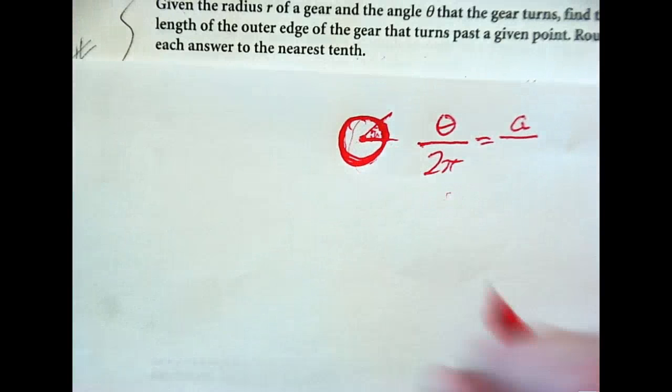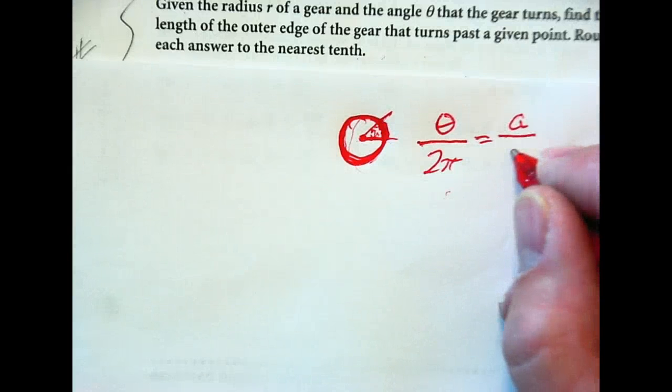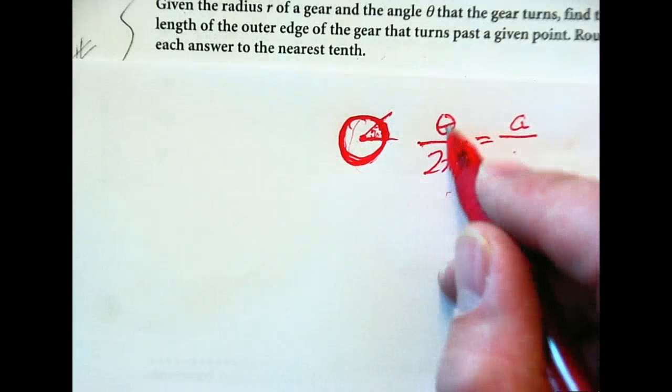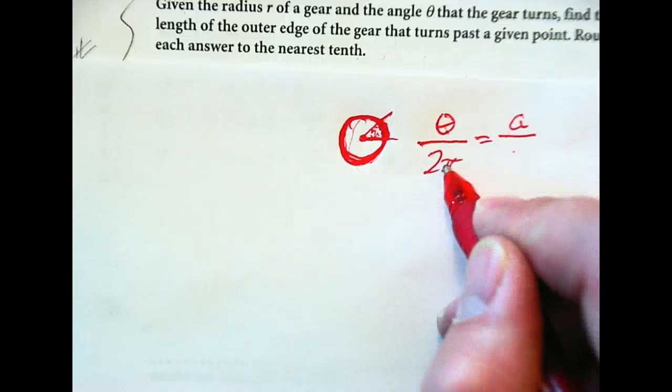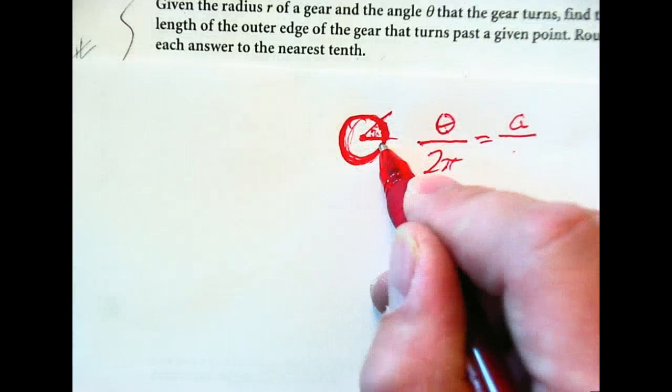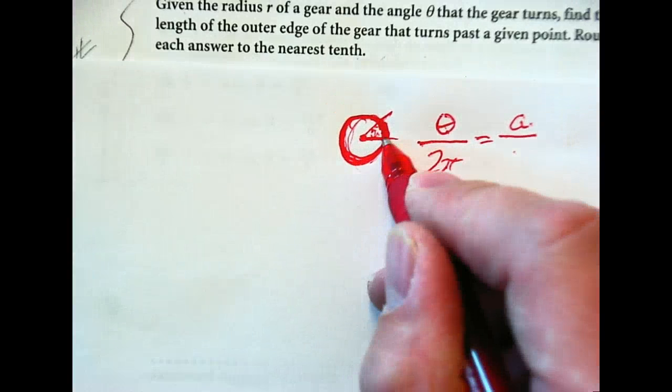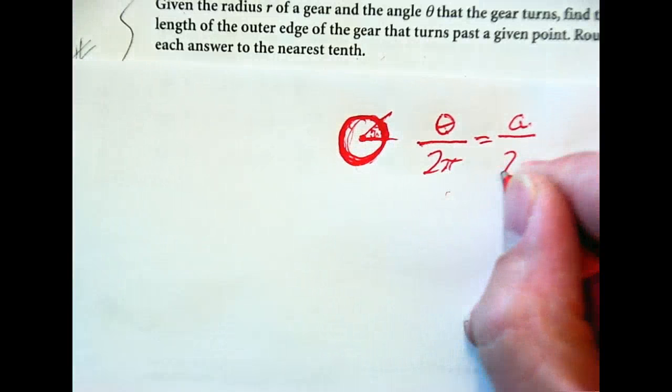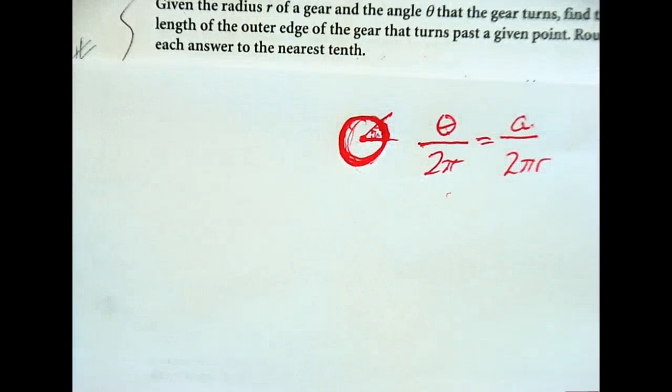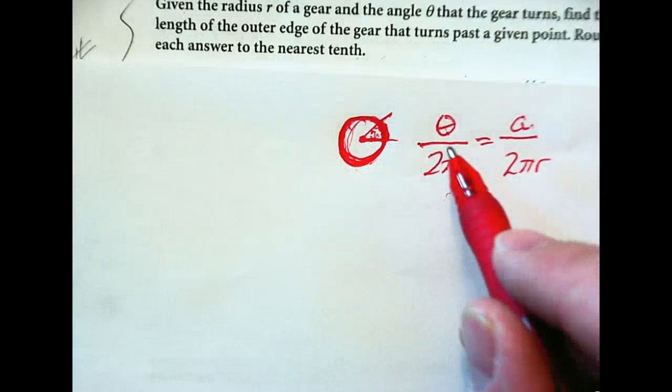What's another way of writing circumference? 2 pi r. So if our angle goes 2 pi radians, then our arc would go 2 pi r in terms of length. Is everyone with me? So this is a proportion.